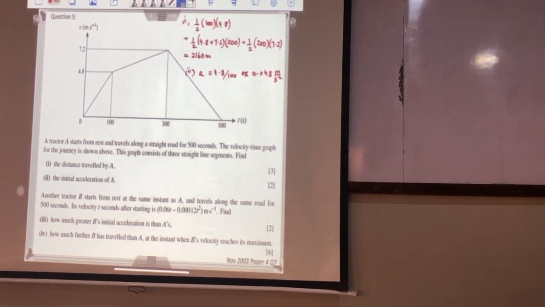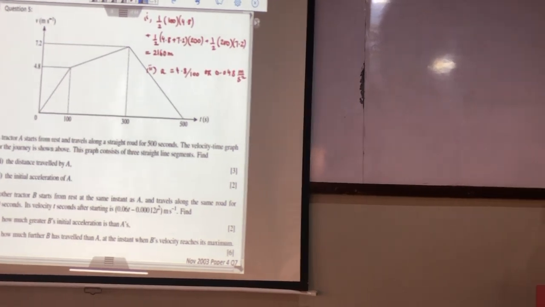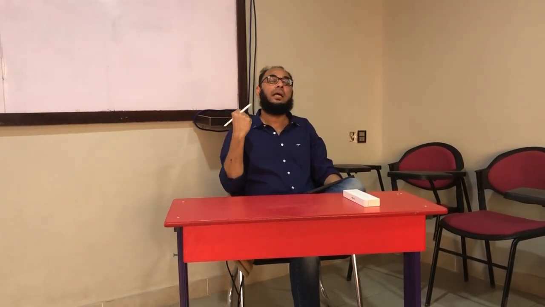Now there is another tractor, tractor B, that starts from rest at the same instant as A and travels along the same road for 500 seconds. That means the total time for both the tractors is the same. But this time it's not moving with constant acceleration.